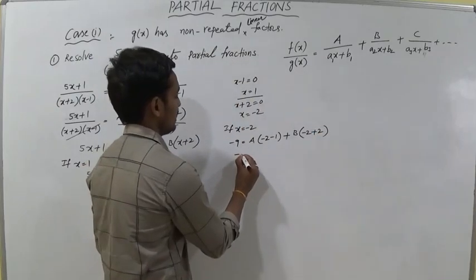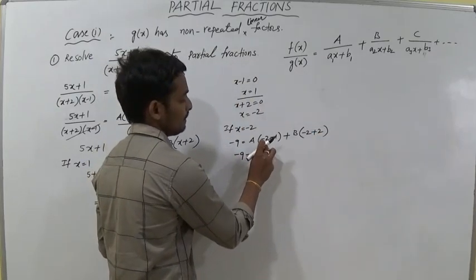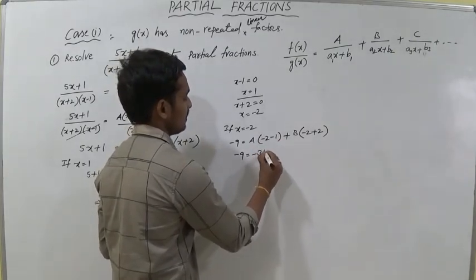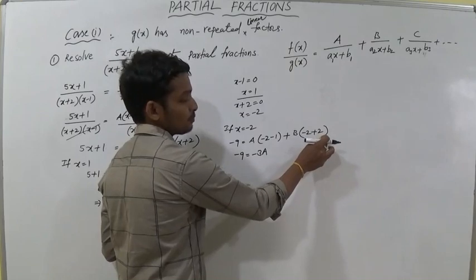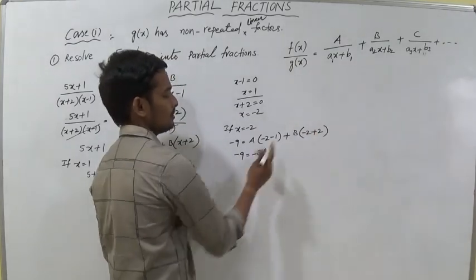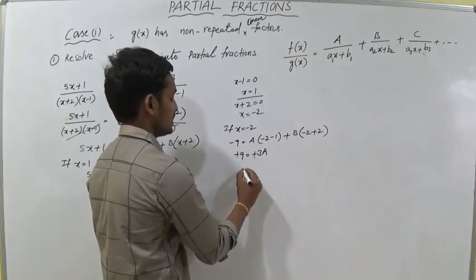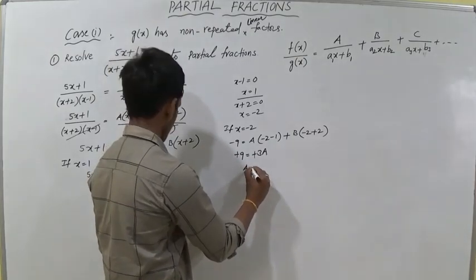Here minus 9 is equal to minus 1 minus 2, or minus 3, into a: minus 3a. Plus 2 minus 2 is 0. So the minus signs cancel, 3 cancels with 3, so a is equal to 3.